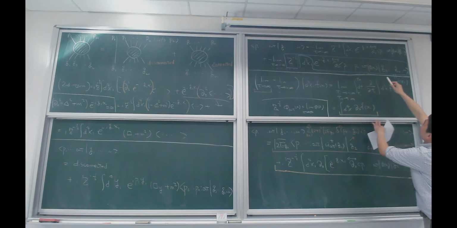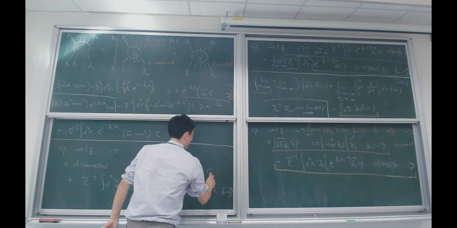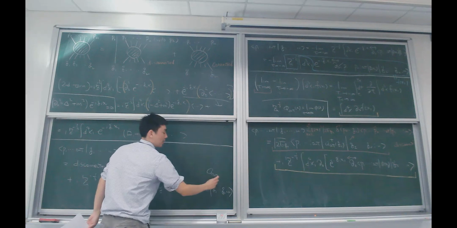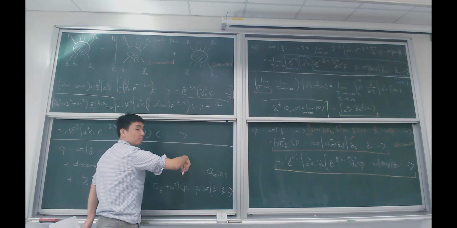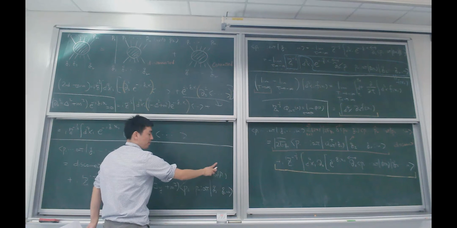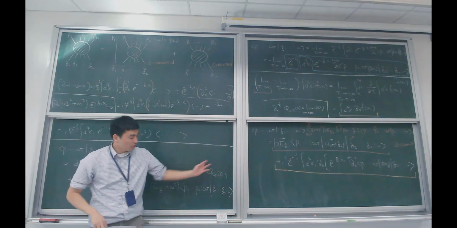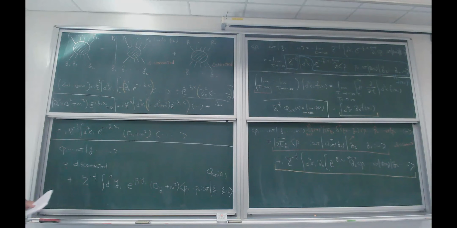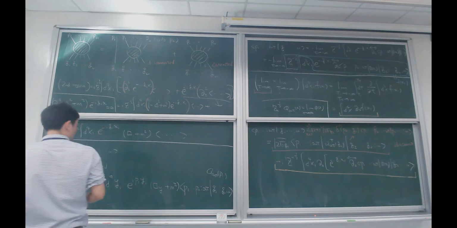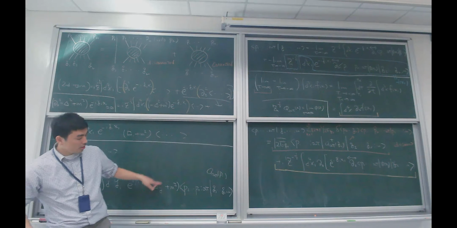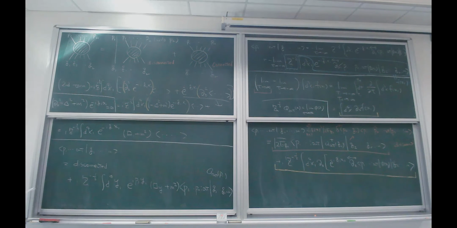Here A dagger acts on the right, but here with A out there's no dagger, and it acts on the bra. So the difference is really coming only from the sign here. So at the end of the day, this Klein-Gordon operator acts on this correlation function or inner product, and then you can do the same game for everything.